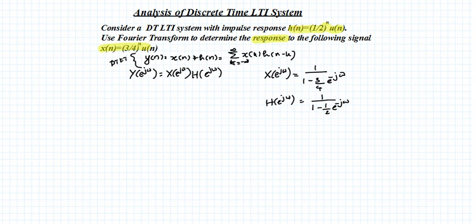Now I can substitute here. So Y of e raised to j omega can be written as 1 by 1 minus 3/4 e raised to minus j omega, into 1 by 1 minus 1/2 e raised to minus j omega.